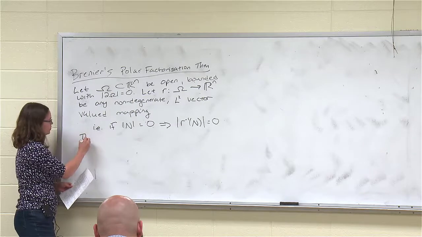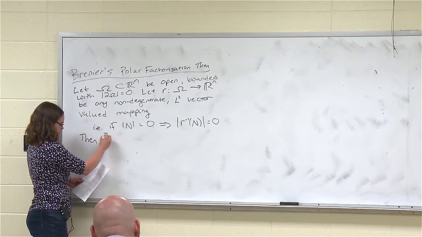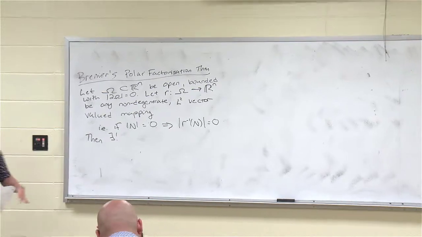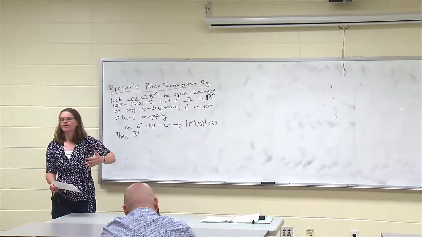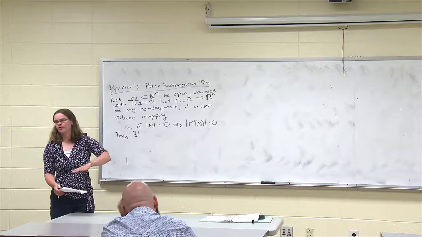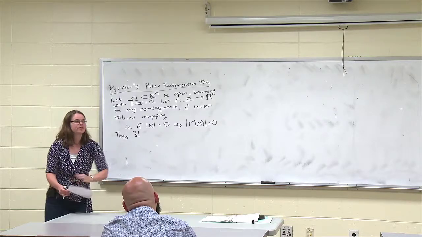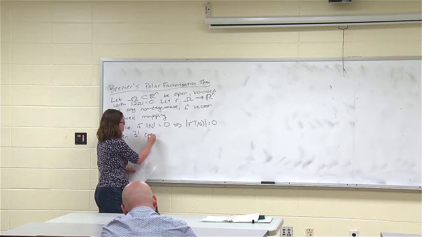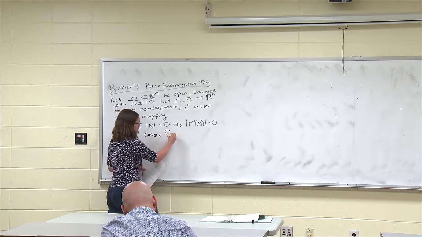Now this theorem says then there exists a unique convex function, C. I guess by unique it really means unique up to additive constants, right? Because we're talking about the gradient of a convex function. So if all we care about is the gradient, you can always lift things up and down.